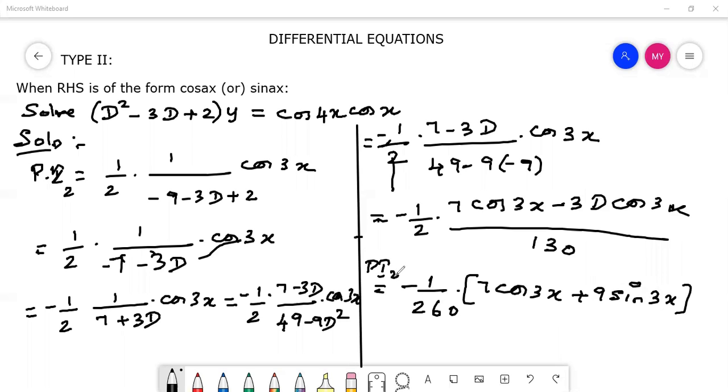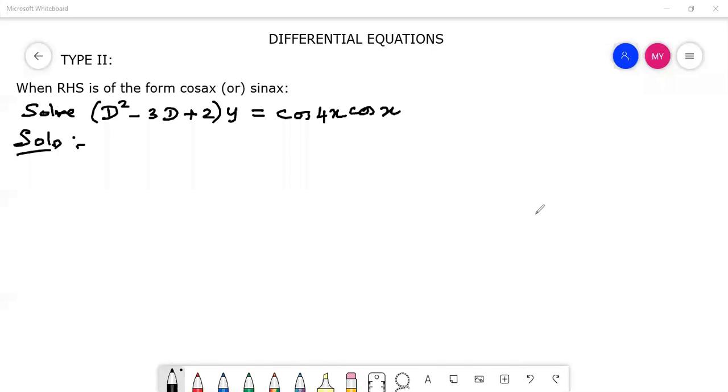Now you have to combine every value to get the answer. So here the value will be y equal to complementary function plus particular integral 1 plus particular integral 2.